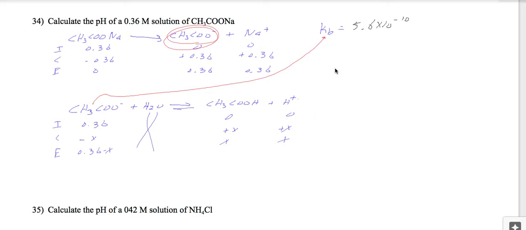We have a Kb, which is 5.6 times 10 to the minus 10th, equal to x squared divided by 0.36. Going to use the approximation. x is equal to, that's unfortunate, 1.42 times 10 to the minus 5th.